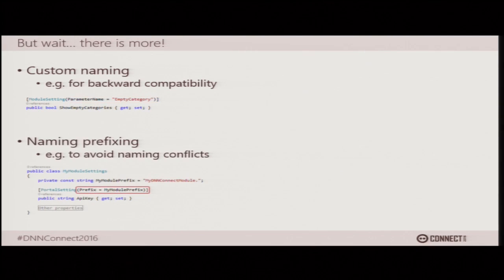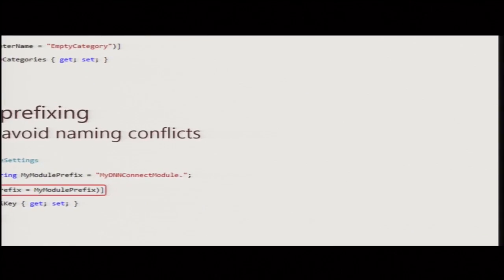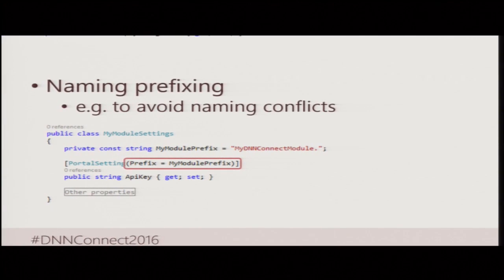There's something that we call name prefixing, and that's especially useful for portal module settings, or portal settings, excuse me. As you probably all know, portal settings, since they're portal-wide, don't have a module ID. So if you have 10 modules and they all have a setting called API key, then it's very likely that they will all clash, because the API key is shared amongst all these if you put this in the portal settings.